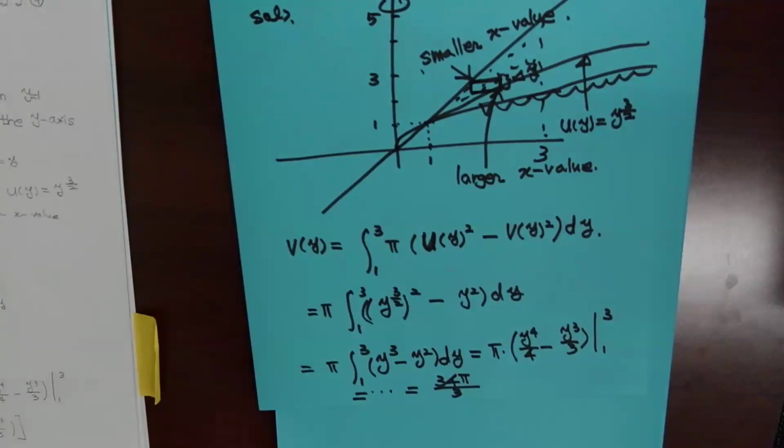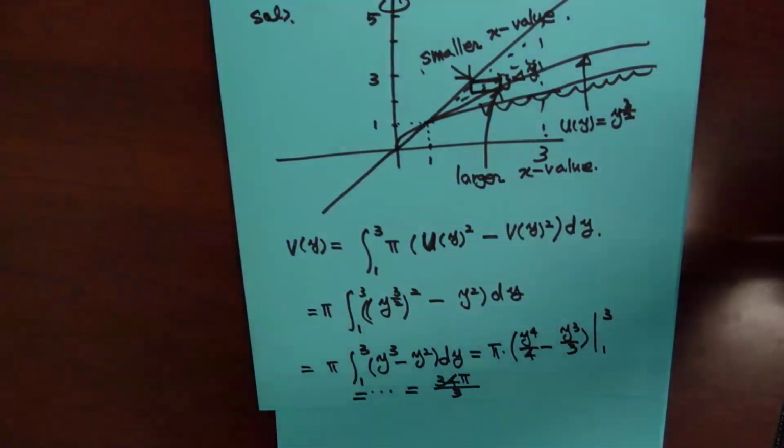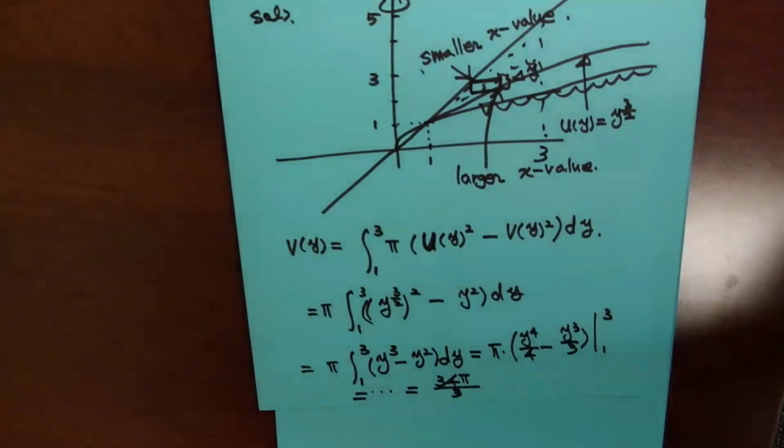Tomorrow, you will learn about the cylindrical shell method. Then when you draw the stick, you have to draw it parallel to the rotational axis. And the formula will be different.